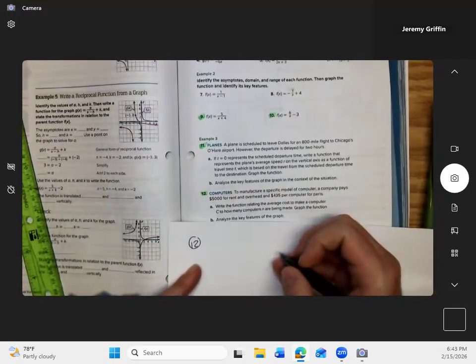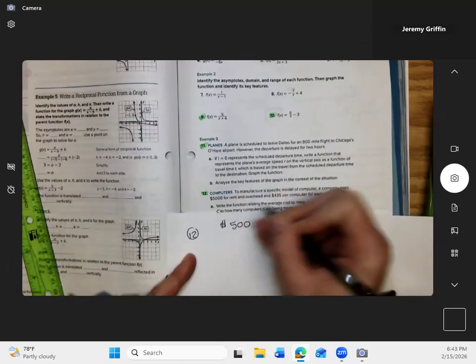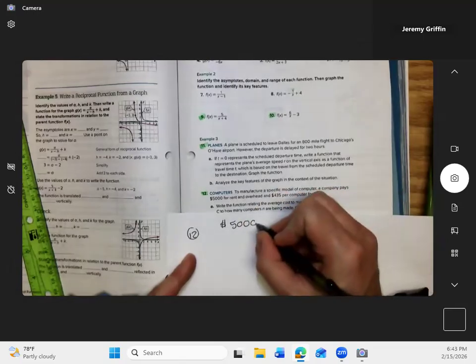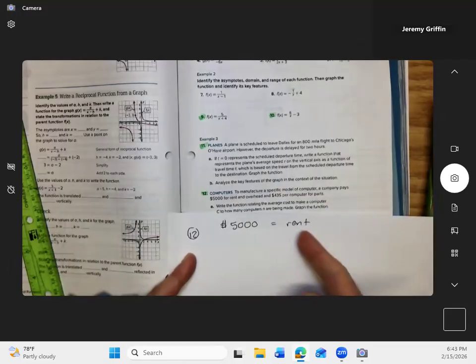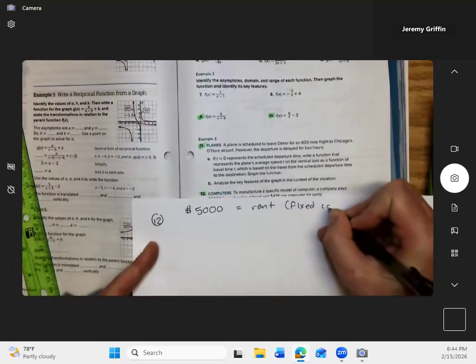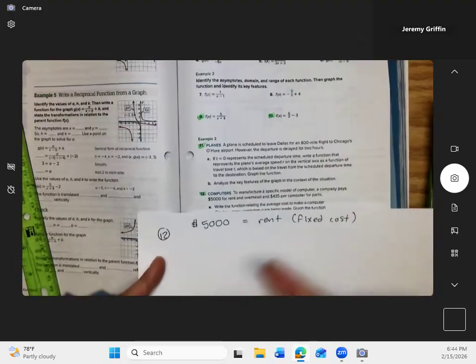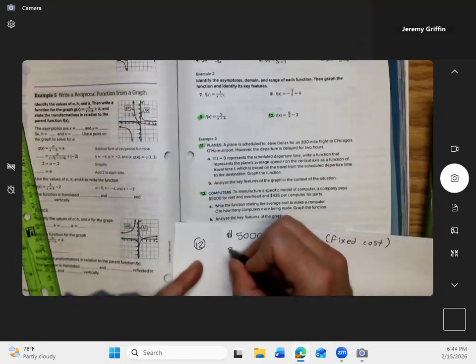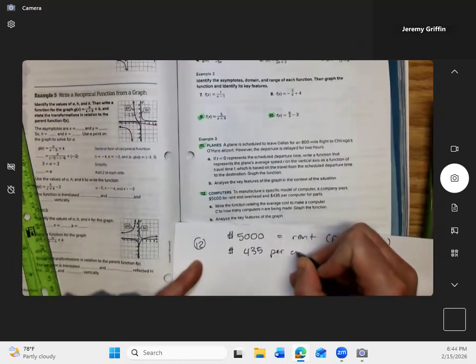Okay, so here, write down the key facts. $5,000 for rent, and that's a fixed cost. If they make one computer or 1,000 computers, it's still $5,000 to rent regardless. They also say $435 per computer.